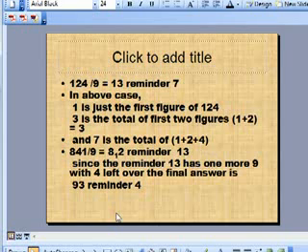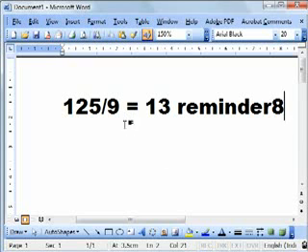So sometimes you have to adjust your number, but those adjustments will be very easy to spot. So let's take an example of this one.